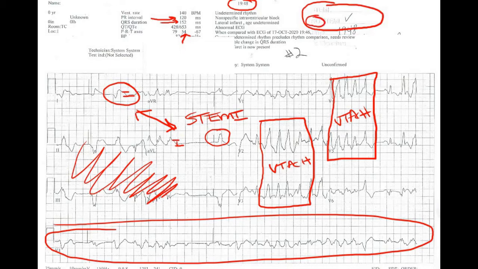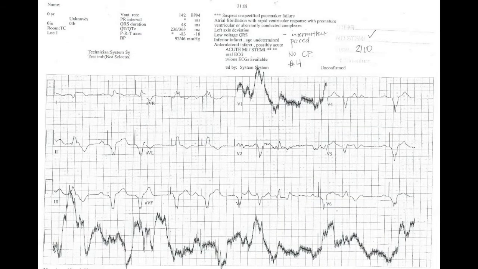No STEMI there. This is the next 12 lead that they did, and this is apparently about 20 minutes after the last one. Same questions here. Is it sinus or not? No entry in the PR interval, so now we're thinking maybe this is not a sinus rhythm.